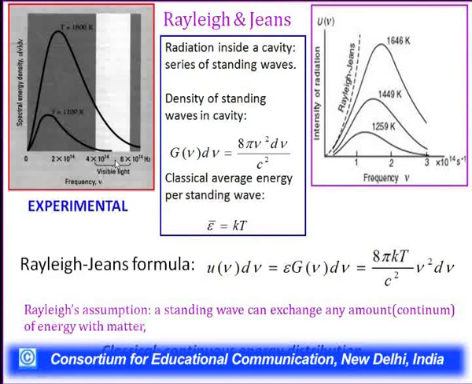Here in the diagram we see that in the graph the frequency at a particular point is 0, and as the frequency increases, the spectral energy density increases, and at a particular point we get the maximum energy.